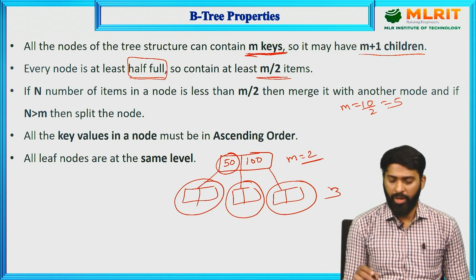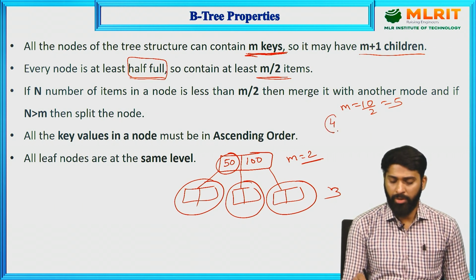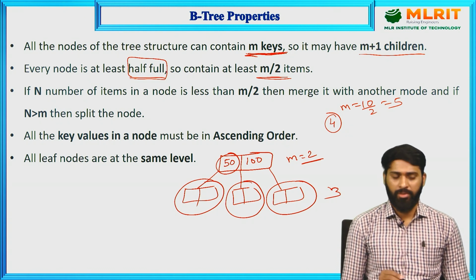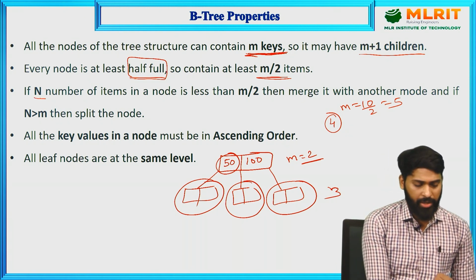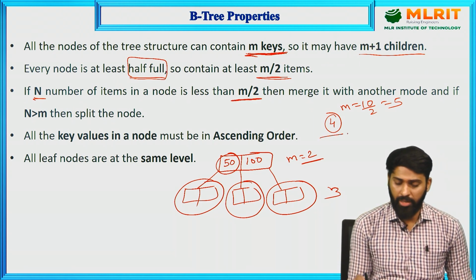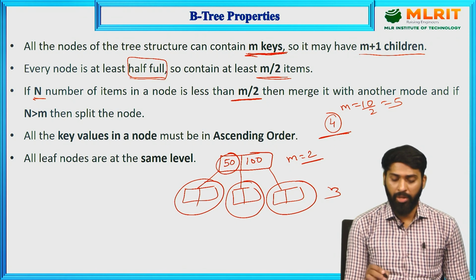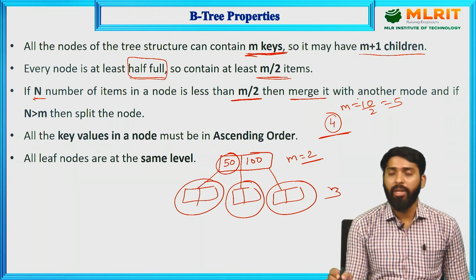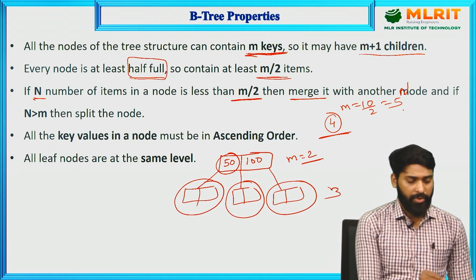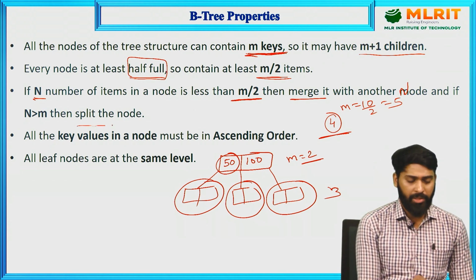If the node has only 4 keys, then we are going to merge. If the number of items n in a node is less than m by 2, then merge it with another node, and if n is greater than m, then split the node.